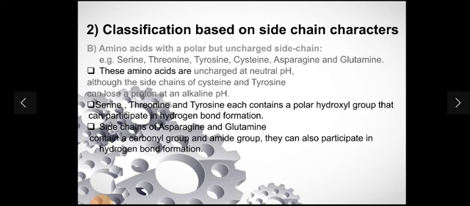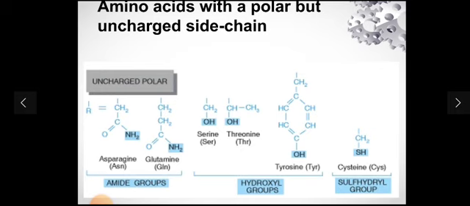I still went on to say that serine, threonine, and tyrosine each contain a polar hydroxy group that can participate in hydrogen bond formation. Now, the side chains of asparagine and glutamine contain a carbonyl group and an amide group, and they can also participate in hydrogen bond formation.